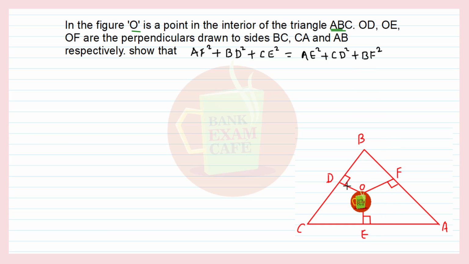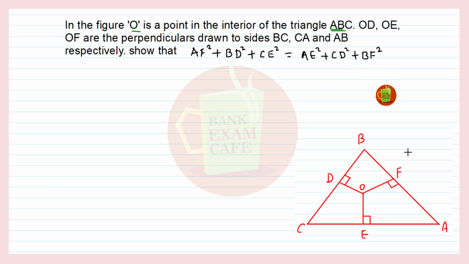Here OD is perpendicular to BC, OE is perpendicular to AC and OF is perpendicular to AB respectively. Show that AF square plus BD square plus CE square is equal to AE square plus CD square plus BF square.